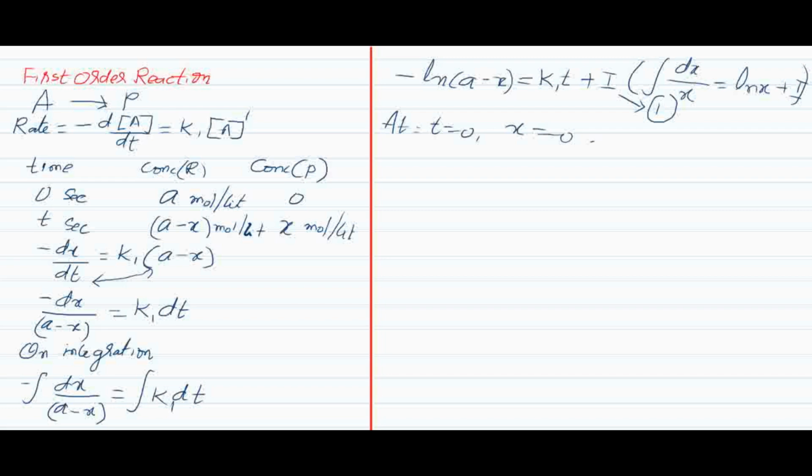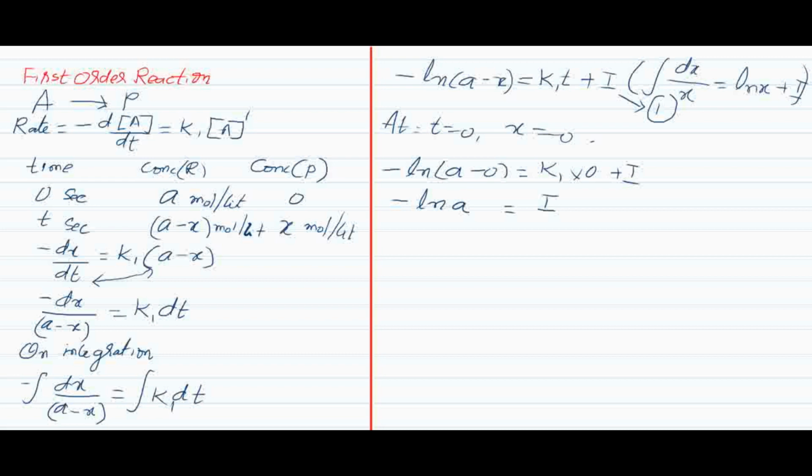Now these values are substituted in equation 1: minus ln a minus 0 equals K1 into 0 plus I. Now this is minus ln a equals I. So what is the I value? Minus ln a. This I value is substituted in equation 1.